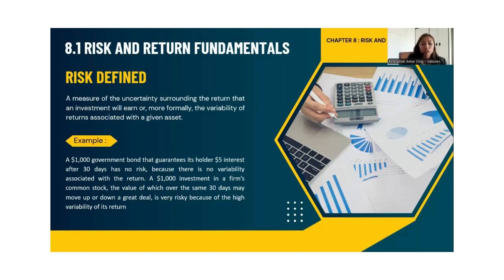Whereas a $1,000 investment in a firm's common stock, the value of which over the same 30 days may go up or down, is very risky. Usually, common stocks are very risky investments because they can go up or down, depending on the market and the variability of the environment of the economy.